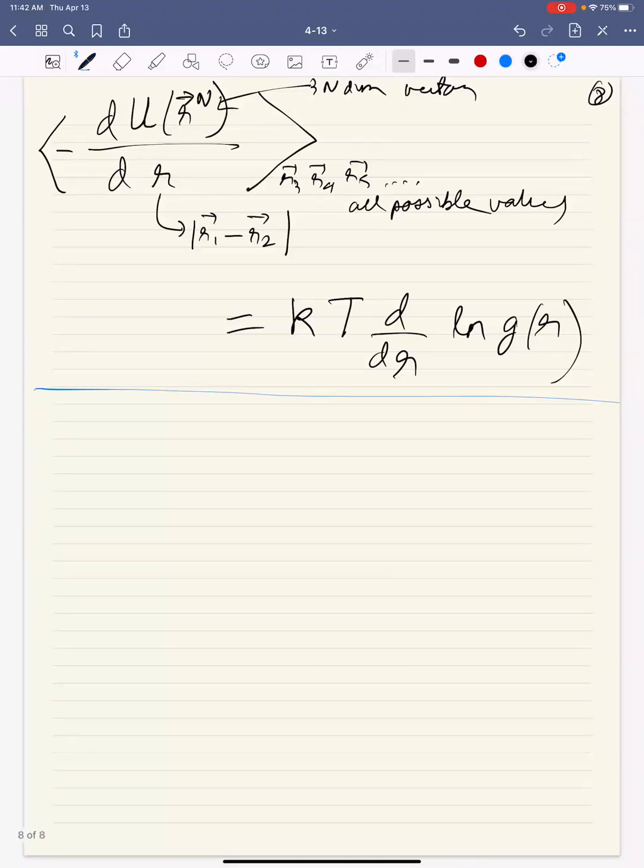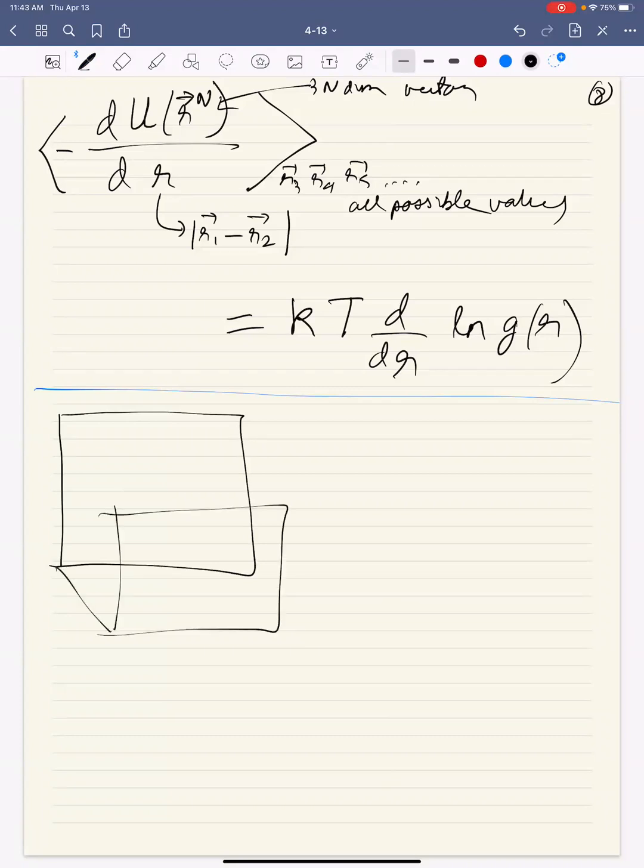So in order to do this, just to give you a little bit of visualization, I have my box. In this box, I have lots and lots of particles, which are all talking to each other. I'm going to focus on two specific particles.